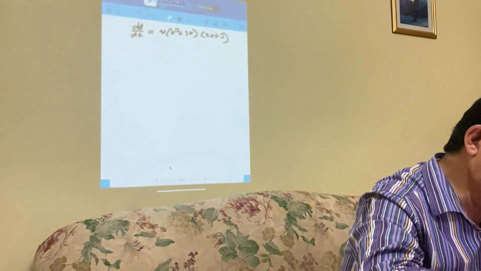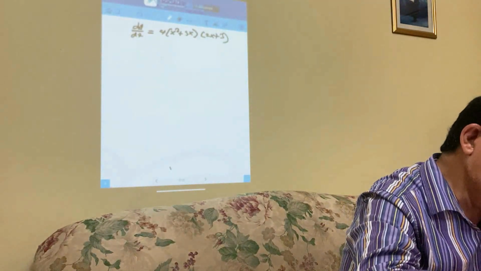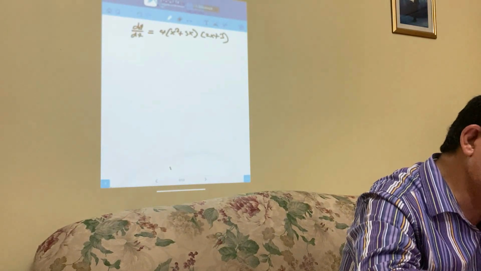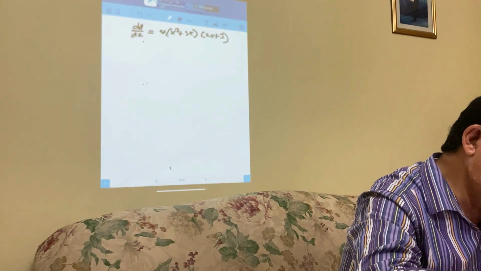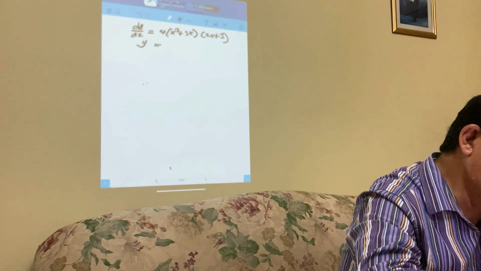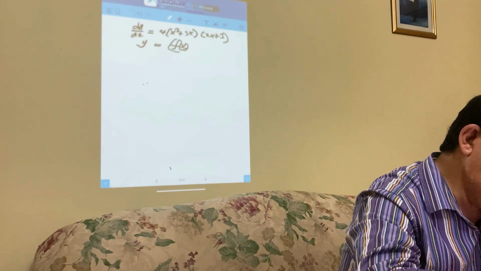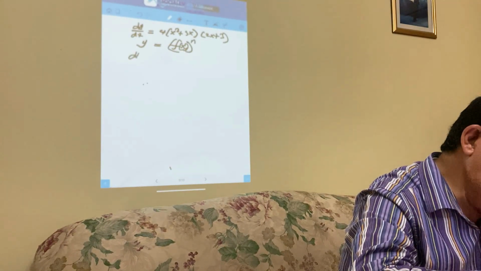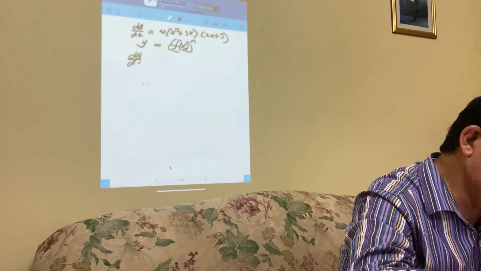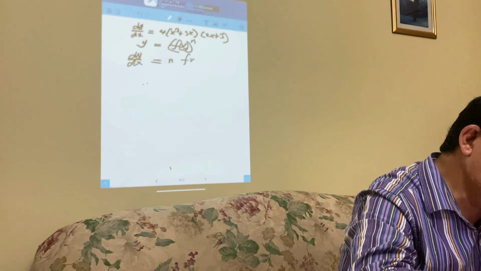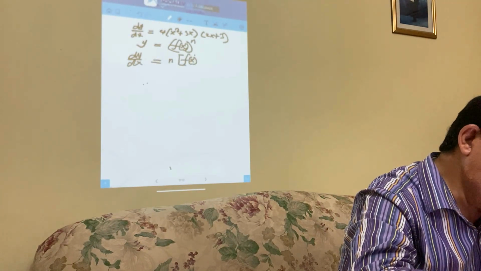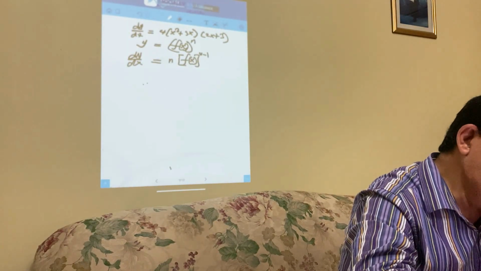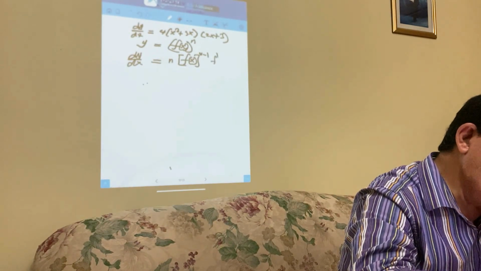This can be written in this way. If y equals a function of x to the power n, then dy by dx is n times f of x to the power n minus 1 times f dash x.